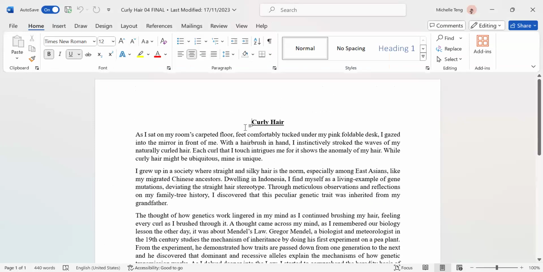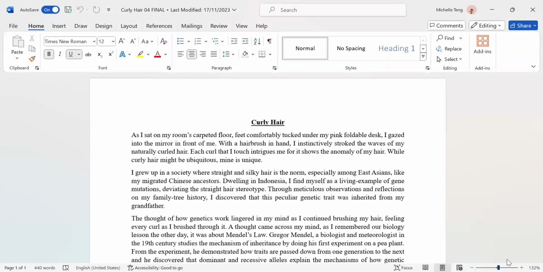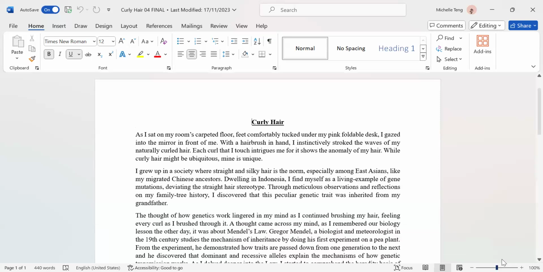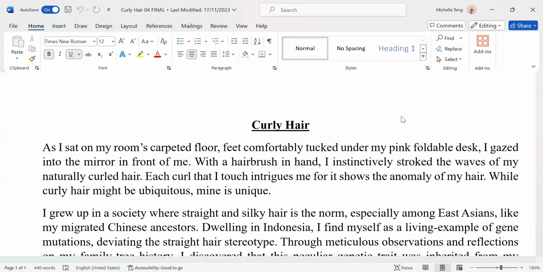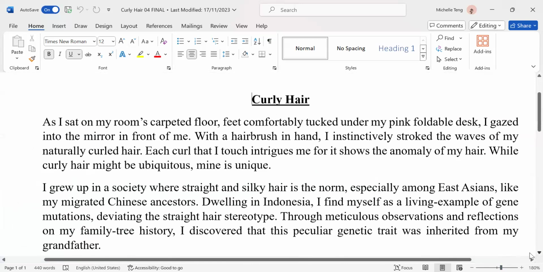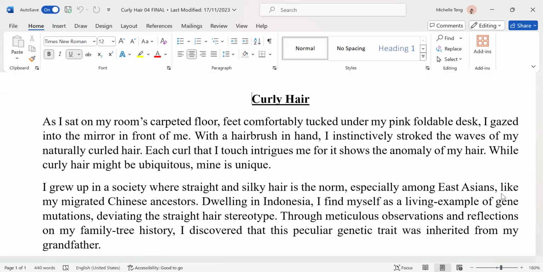Since this is a writing class, I should focus more on writing instead of grammar. But grammar is basically the foundation of writing, so we can discuss the grammar while talking about the writing itself. So I'm just going to go through the first sentences before I end the class.